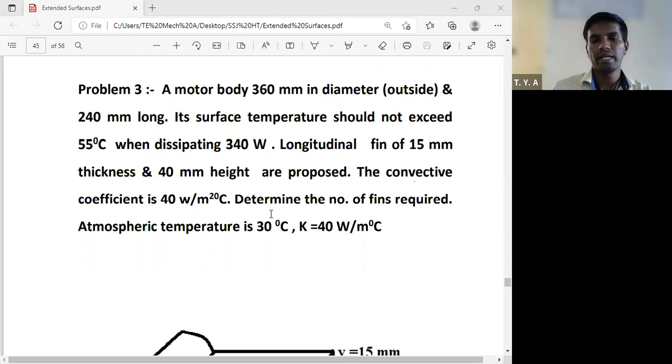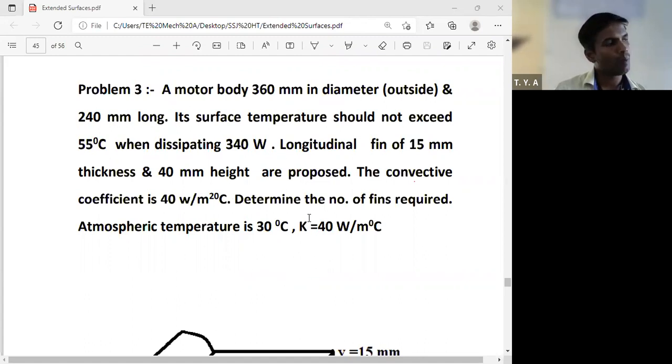Full stop. Determine the number of fins required. Full stop. Atmospheric temperature is 30 degrees Celsius and K is equal to 40 watt per meter degree Celsius.